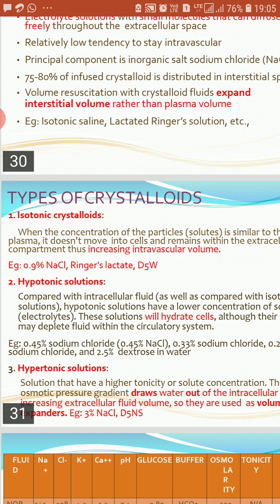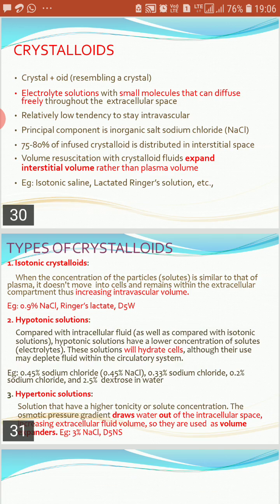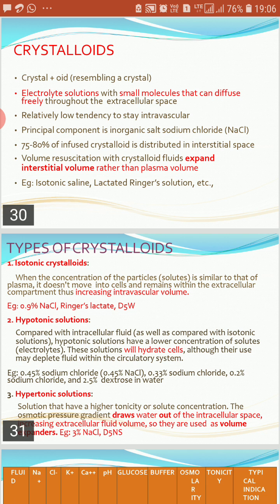Hypotonic fluids are less osmotic, so more fluid will be given and that will be shifted to the cells, so they will hydrate cells more, like 0.45%, half concentration, instead of 0.9%.